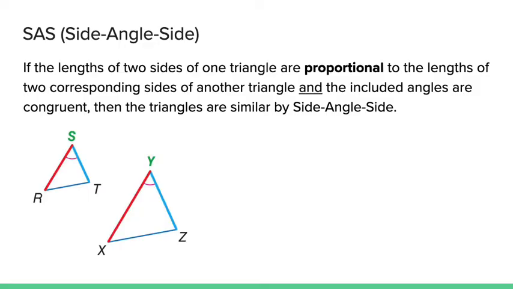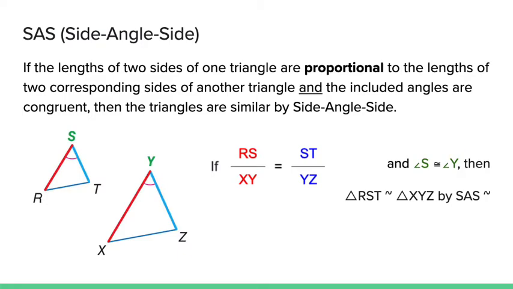So in the example that we see, if the ratio of RS over XY equals the ratio of ST over YZ, and angle S is congruent to angle Y, then triangle RST is similar to triangle XYZ by side, angle, side similarity.